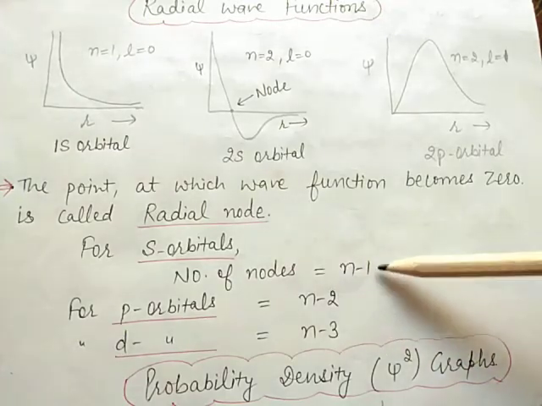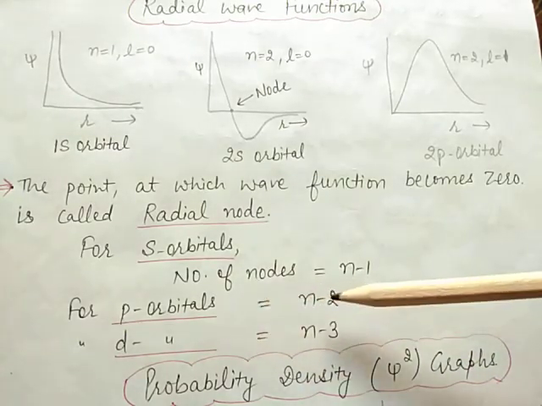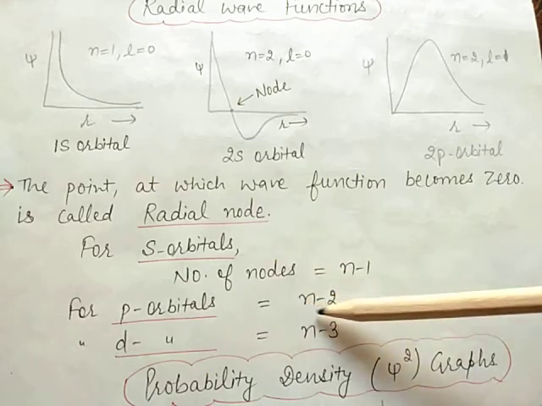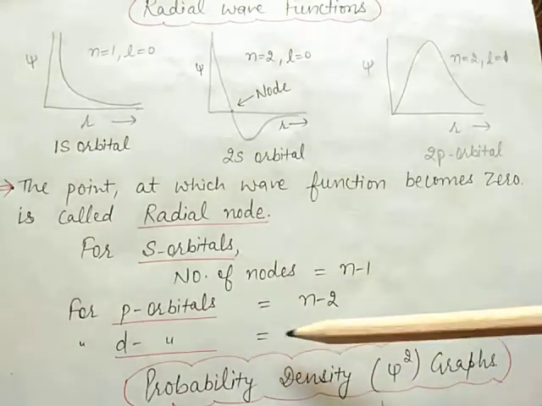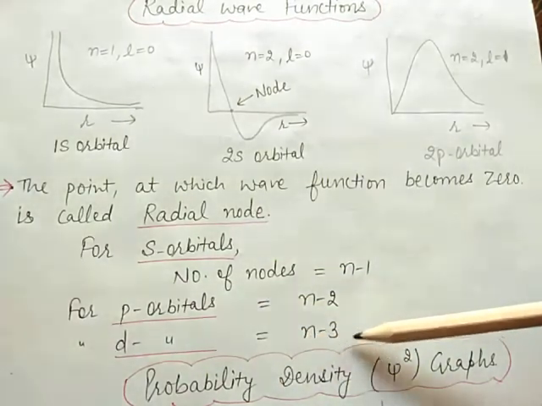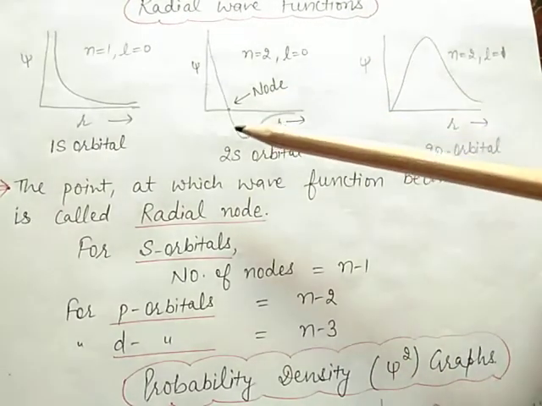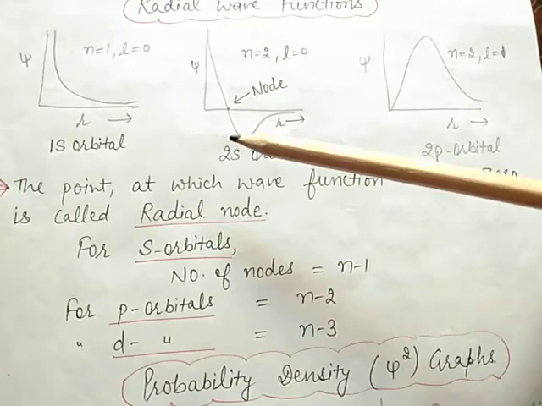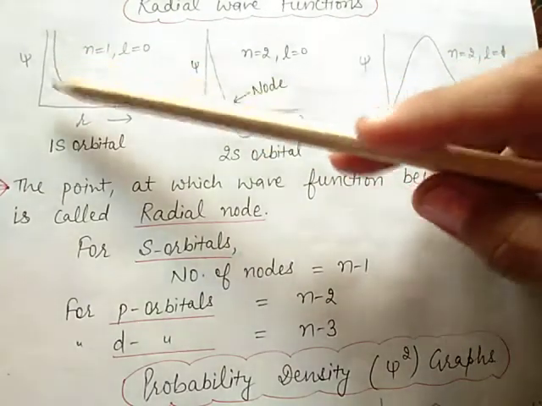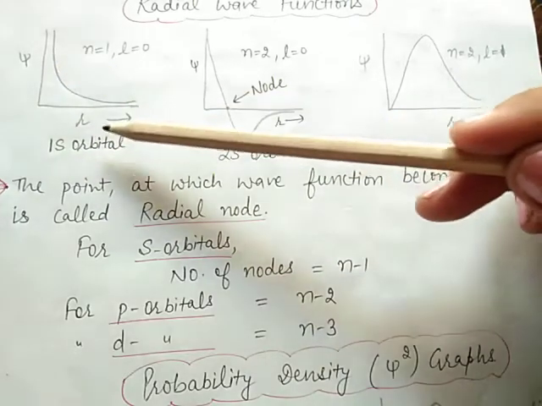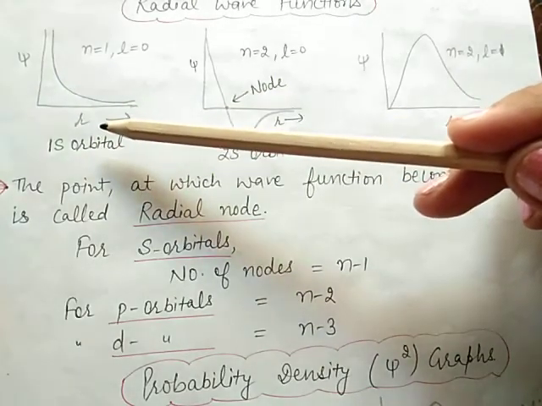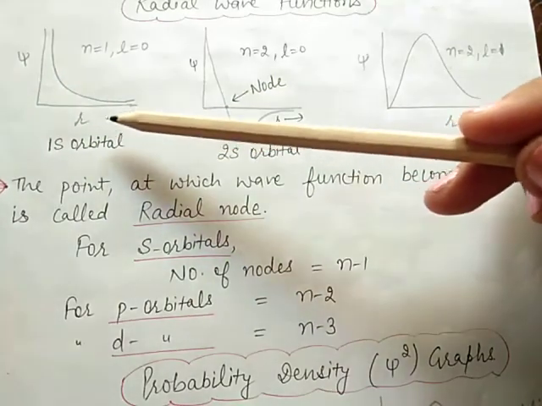This is the formula. For p orbitals, number of nodes is equal to n minus 2. For d orbitals, number of nodes is equal to n minus 3. Here we plot the graph between the wave function psi and the distance from the nucleus, that is r.